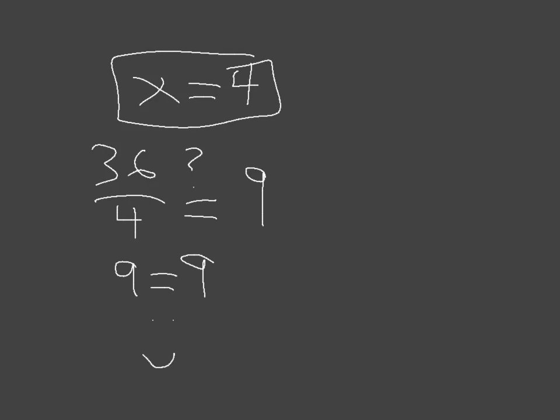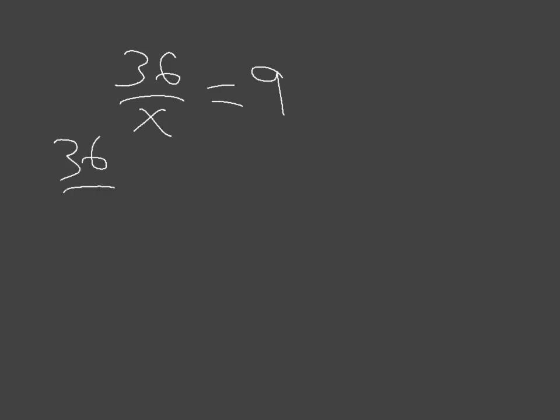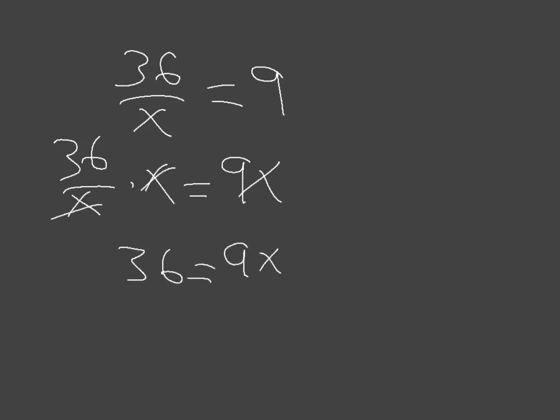Okay. If you don't like doing it that way, another way you can do this is 36 on x, do the same problem, is equal to 9. We could multiply both sides by x since we're dividing by x. 36 on x times x is equal to 9x. And so we have 36 is equal to 9x. Okay.